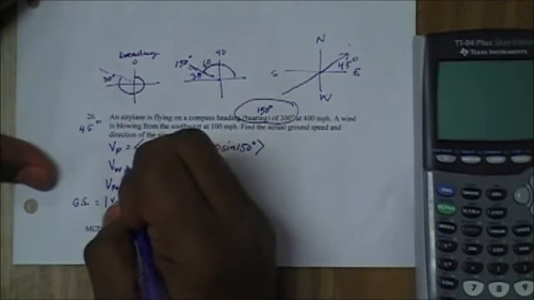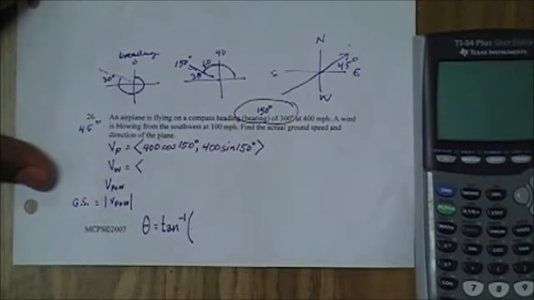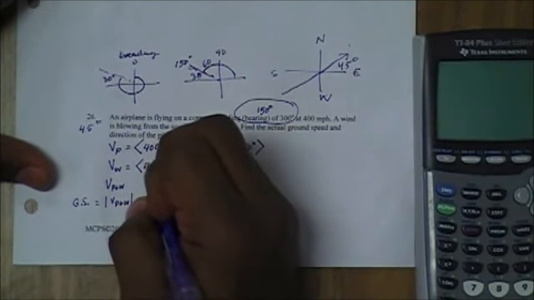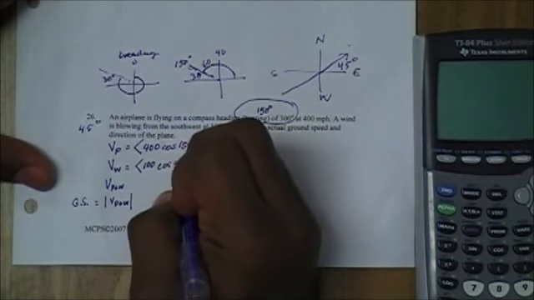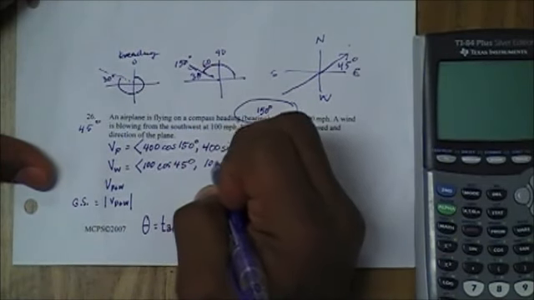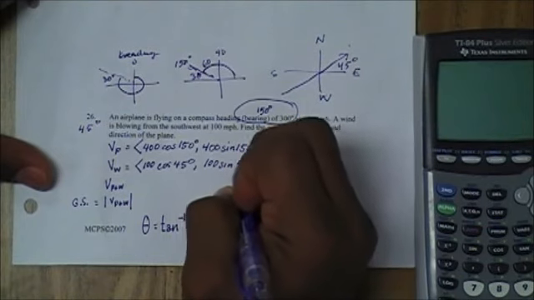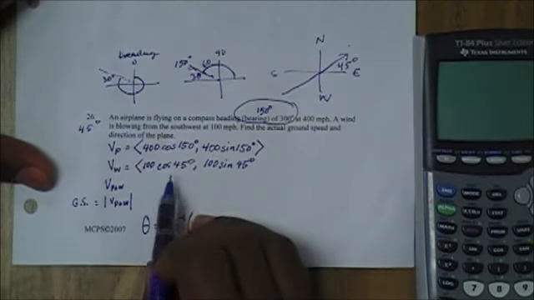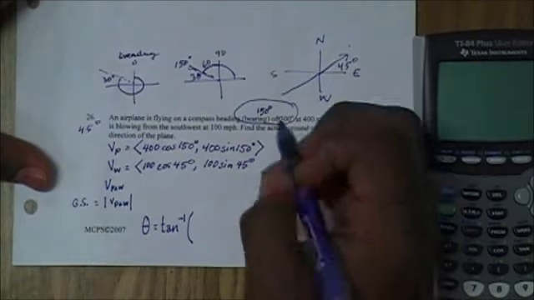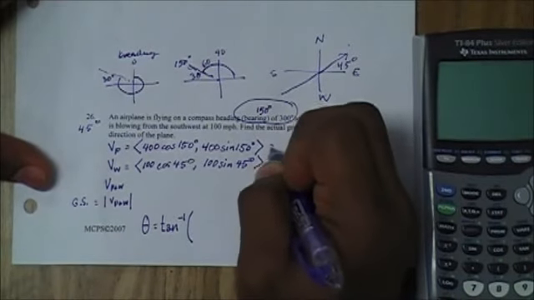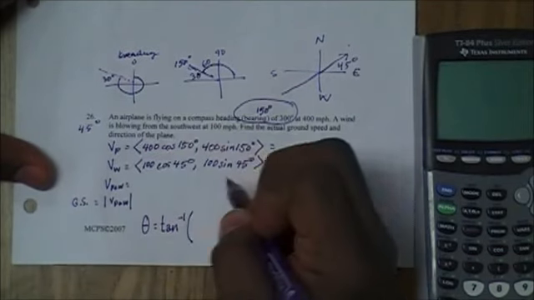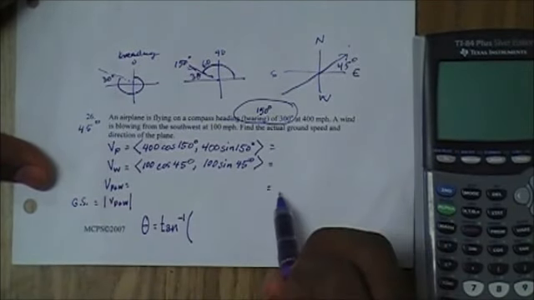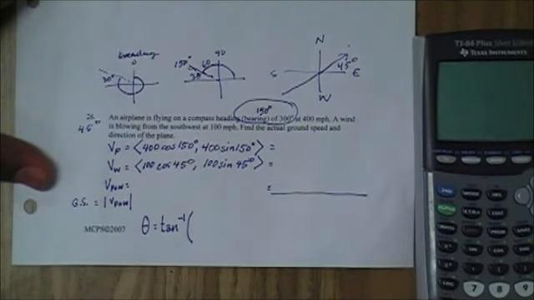The wind components are 100 cosine 45 and 100 sine 45. Since cosine 45 degrees and sine 45 degrees are the same, those values are going to end up being the same, but we'll look at those. And then we're just going to add up.